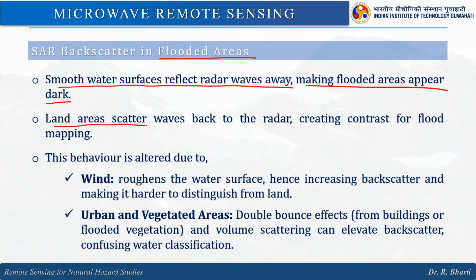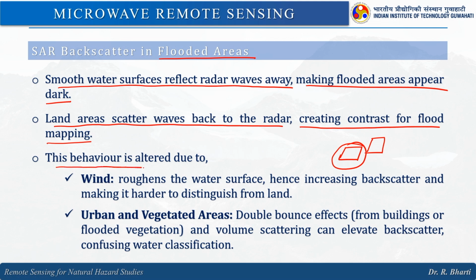Land areas scatter waves back to the radar, creating contrast for flood mapping. So, one object is very dark, one is very bright, then clearly you will be able to mark the presence of water. That is the first and foremost thing we do in flood studies.